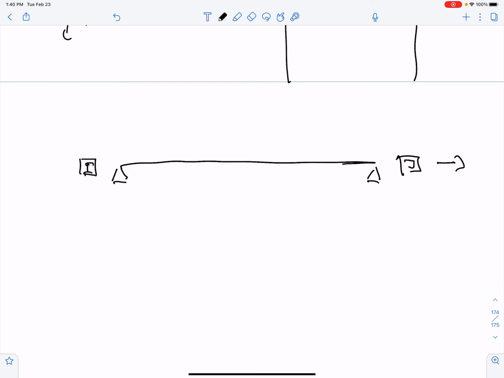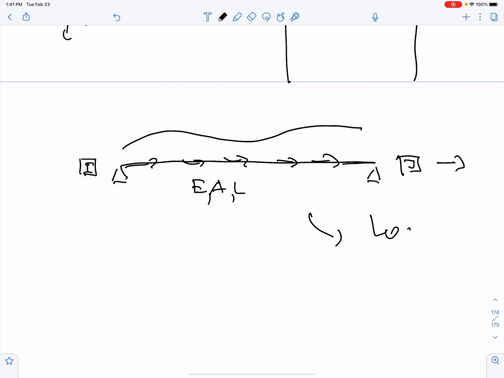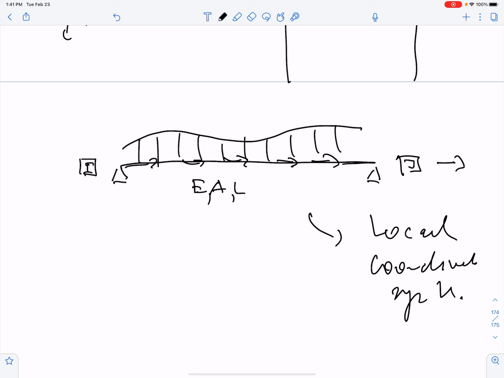X-axis goes this way, okay? Element has properties E, A, L, right? But in addition, we'll subject it to a distributed force, okay? The force doesn't have to be constant, okay? So it's pointing in the direction of the element, right? So again, we're in the local coordinate system. Okay. But the magnitude of that force at every point along x can change.